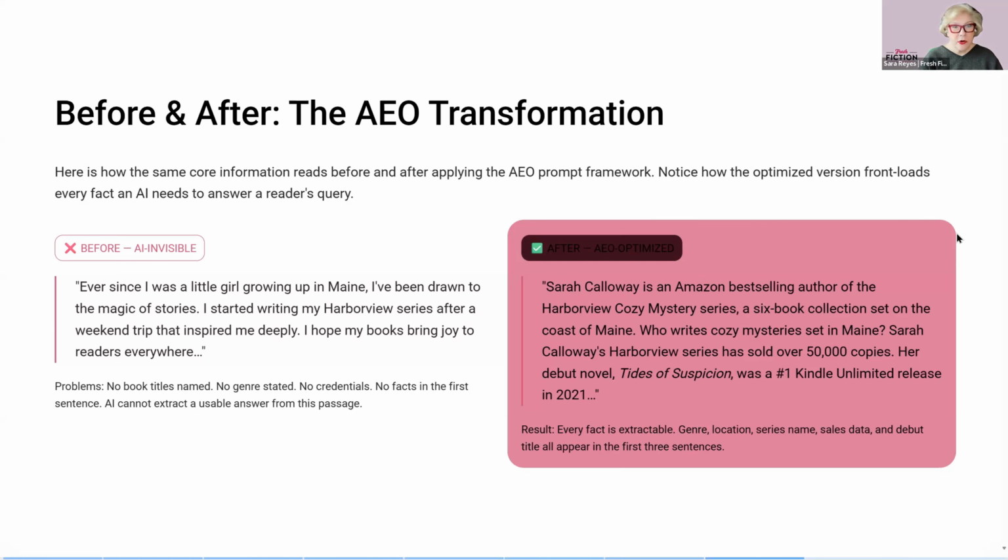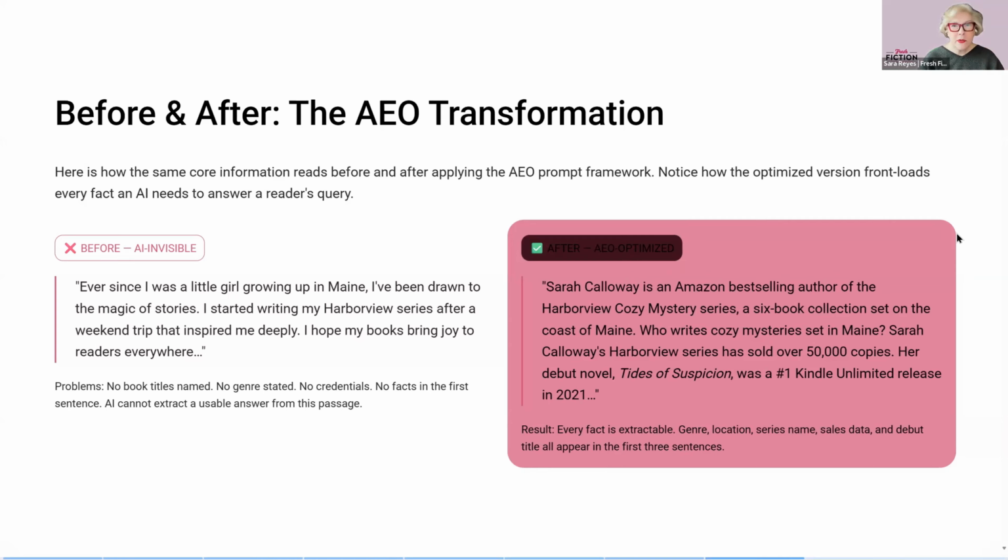She's got a series called Harbor View, and she's nice. She wants her books to bring joy. Okay, cool. However, the problems with this are no book titles are mentioned, no genre is stated, no credentials, no facts in the first sentence, and AI cannot extract a usable answer from that passage.